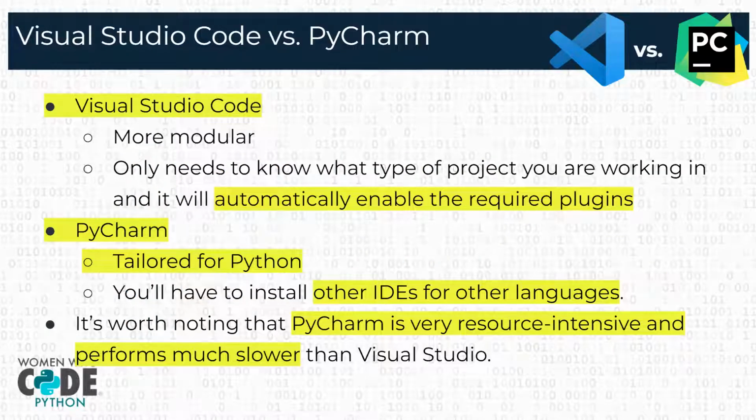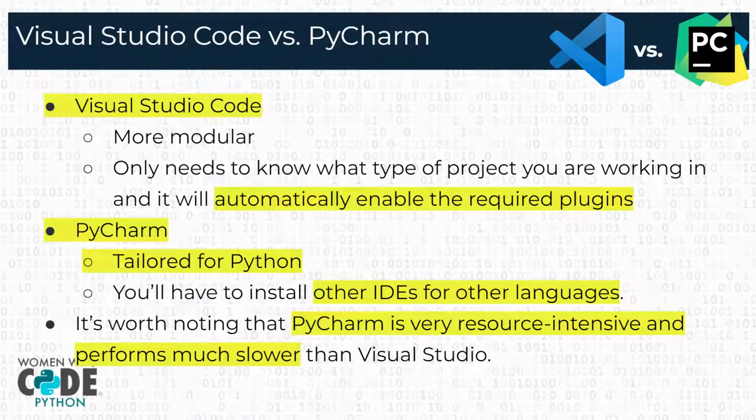So let's do a comparison between Visual Studio Code versus PyCharm. Visual Studio Code is more modular, and it is great because it only needs to know what type of project you're working on, and it'll automatically enable the required plugins. On the other hand, PyCharm is specifically tailored for Python, so you'll have to go for other IDEs for other languages.